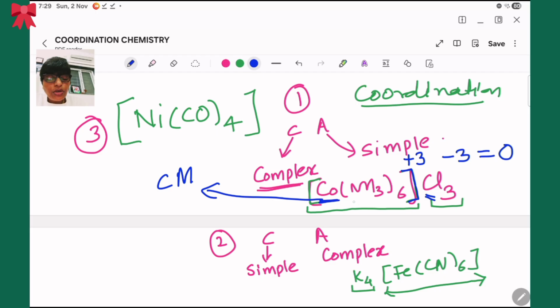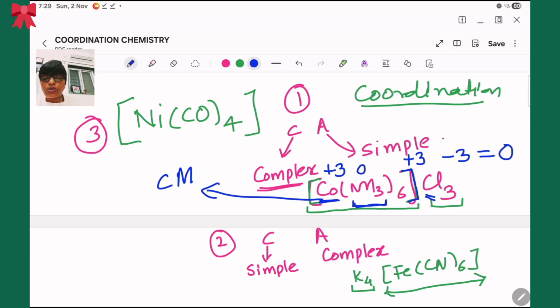Naturally, when we talk about ammonia, that is NH3, it is a neutral molecule. You have to remember certain points in this chapter, like ammonia is a neutral molecule, so the charge on ammonia is 0. So definitely cobalt will have a charge of +3. That means cobalt has lost 3 electrons during the formation of this complex.